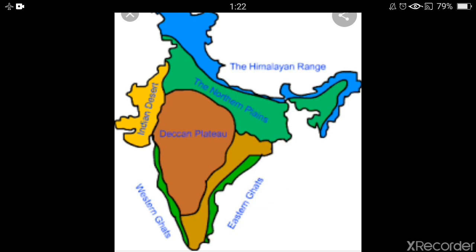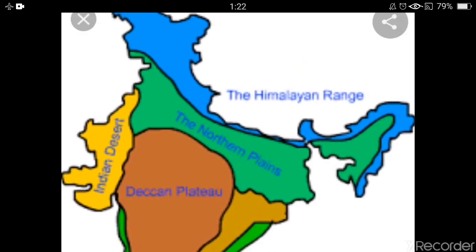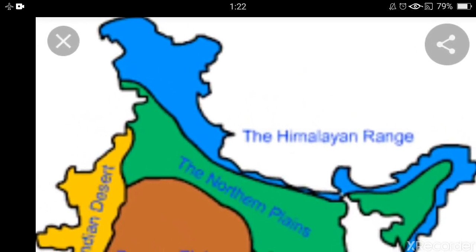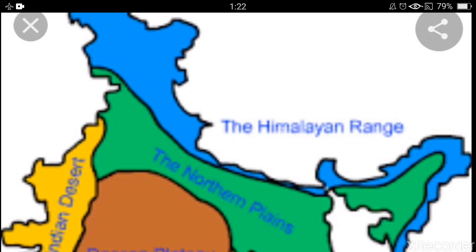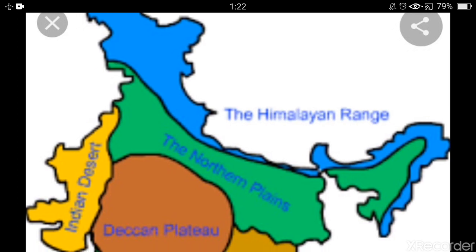Now see the first feature, that is the Himalayan range. The Himalayan range is shown by blue color, and it runs from west to east, that is, from Jammu Kashmir to Arunachal Pradesh.